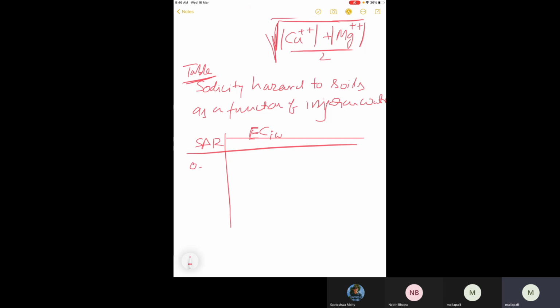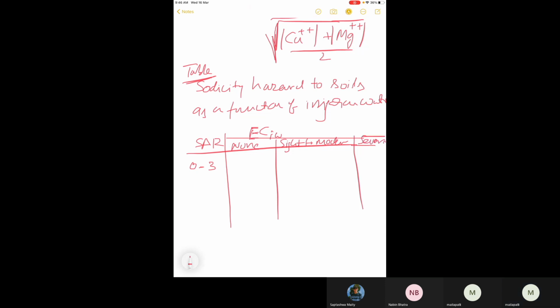So suppose the SAR is from 0 to 3, and let's say the different hazard levels are none, then slight to moderate, and then severe.